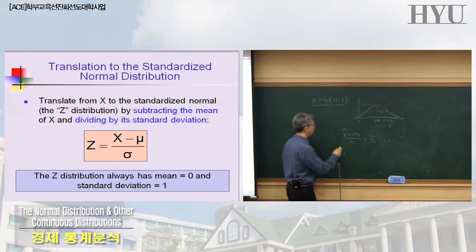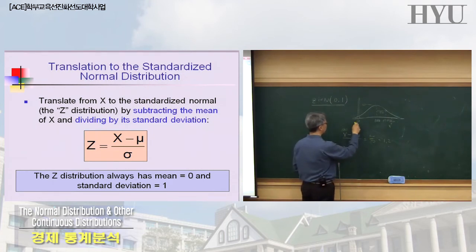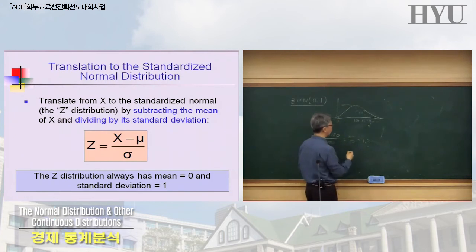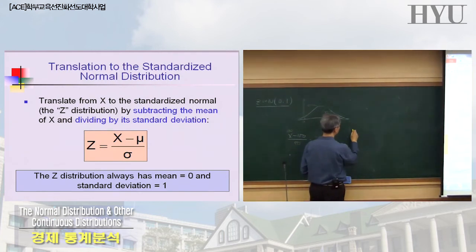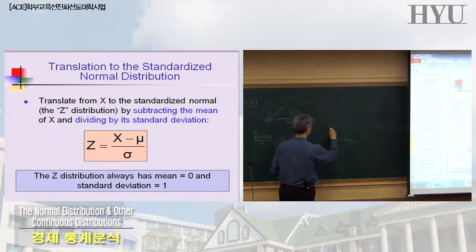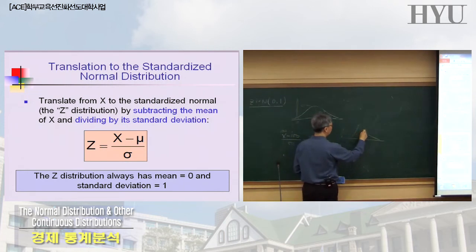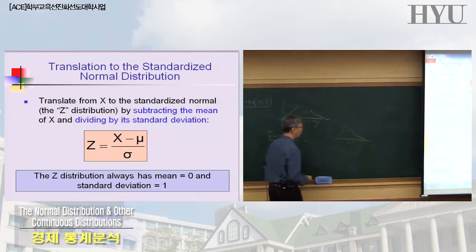Okay? So, well, of course, this is a little too compressed, okay? So let's say here's a nice looking standard normal distribution with the mean value of 0 and standard deviation of 1, right?